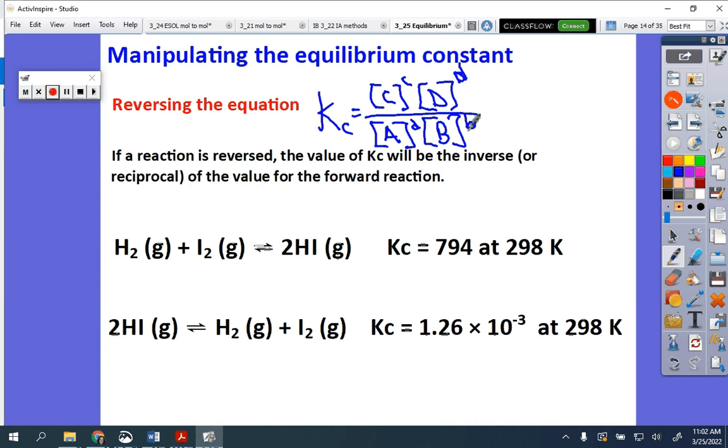If we flip these, that's the same as saying 1 over the Kc, right? So if we write this particular reaction this way, here's our Kc at this particular temperature. If we write it in the reverse, then we take 1 over this to get our Kc. Okay? At the same temperature, again.